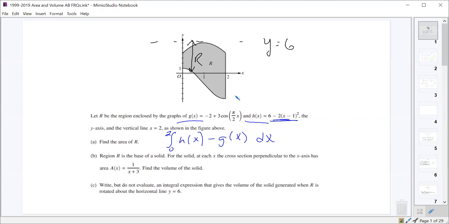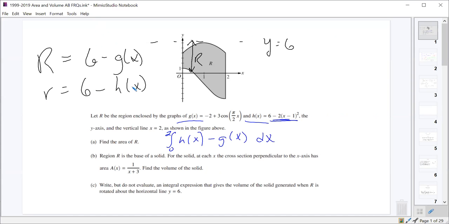It comes from h of x, but it's not h of x. Actually, it doesn't come from h of x. It comes from g of x. Right? It's the distance between y equals 6 and the lower function. That's our outer radius. So what should that radius be? 6 minus g of x. And our inner radius ought to be 6 minus h of x.